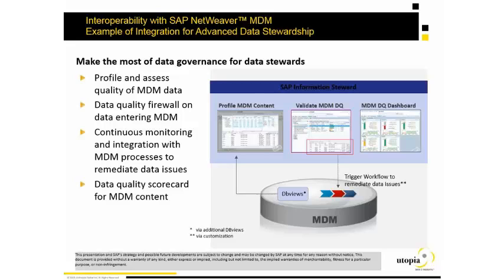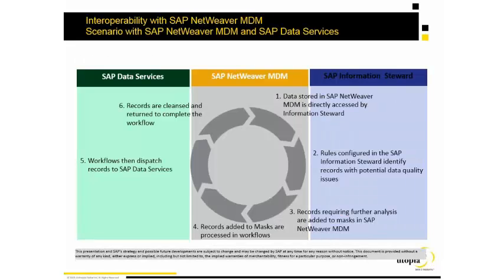With the latest version of Information Steward, they actually created a linkage into the NetWeaver MDM. They create views that you can go in and profile, to assess the quality of your MDM data. You can do continuous monitoring and you can create a scorecard on it. In here it shows you the interoperability between Information Steward, Data Services and NetWeaver.